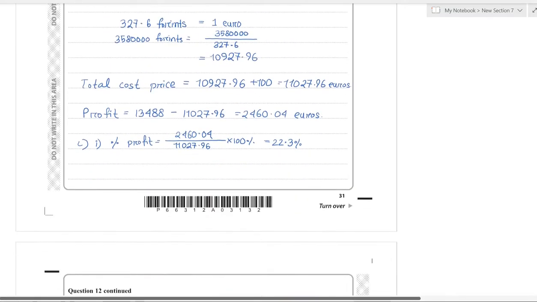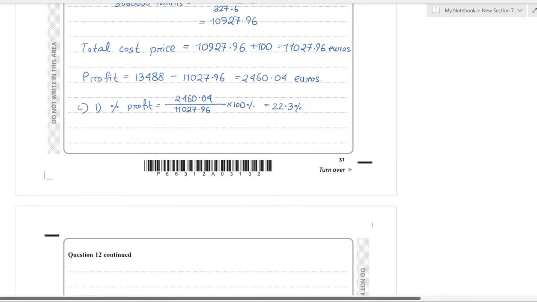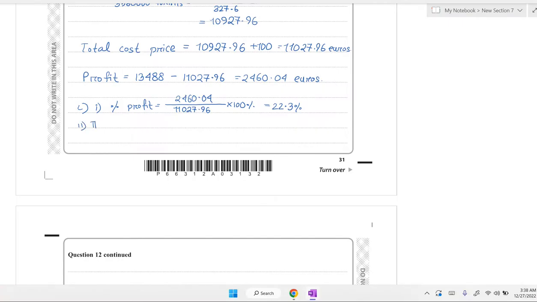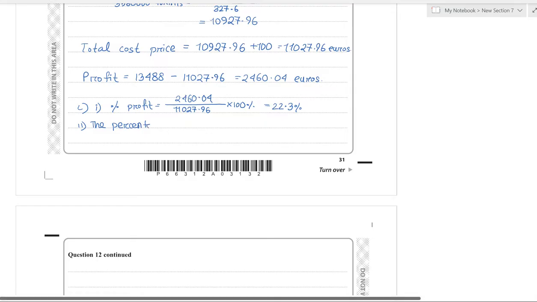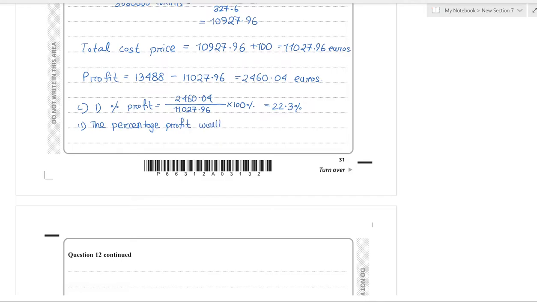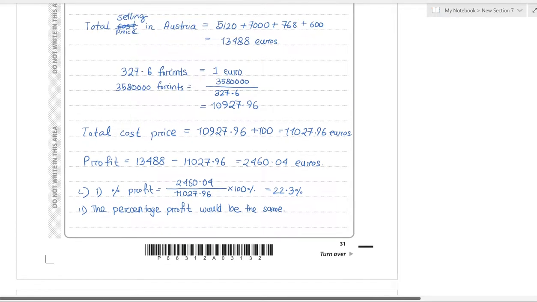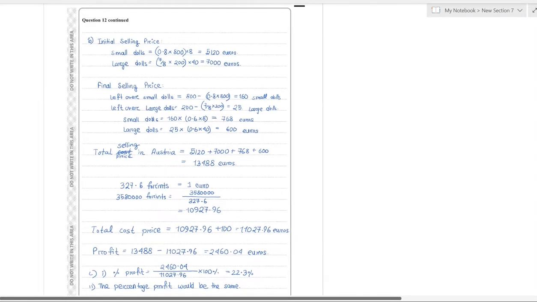So part C2 would be the percentage profit would be the same.